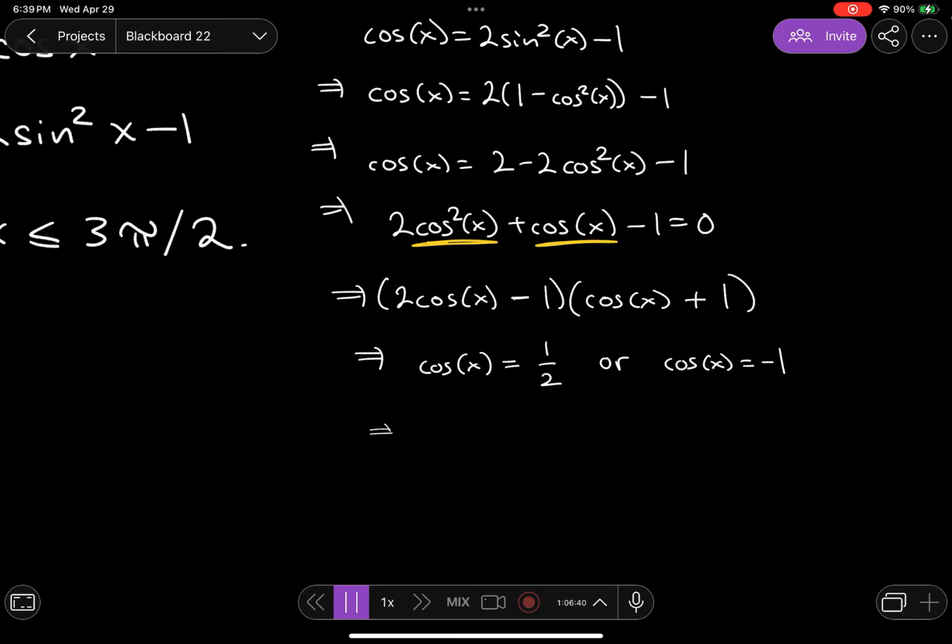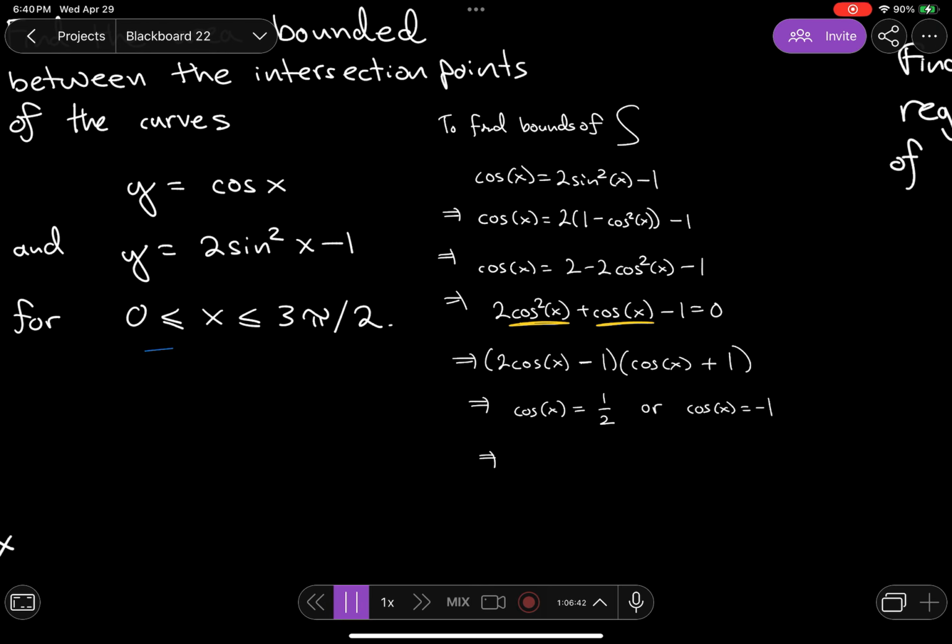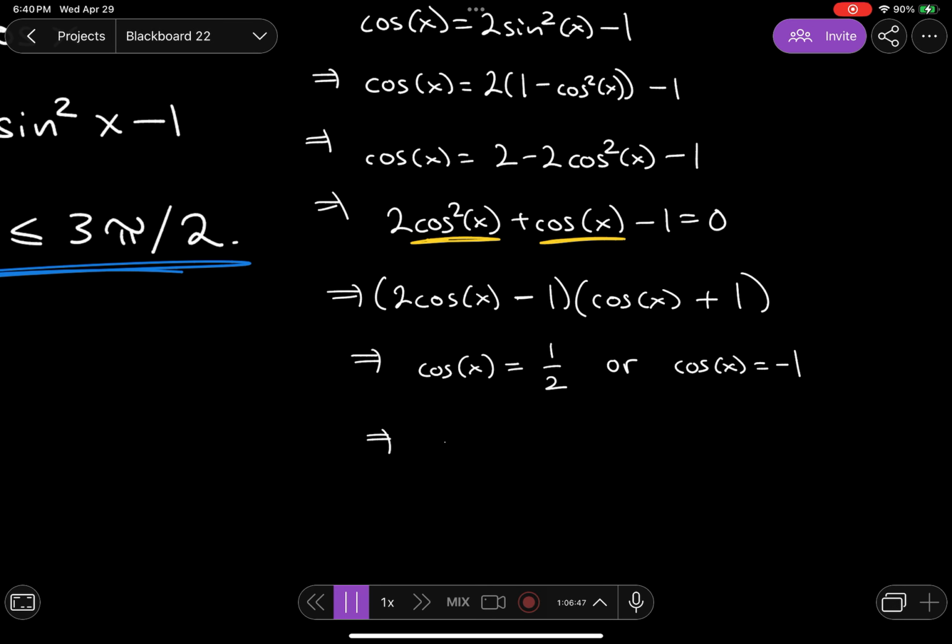And of course, that limits our values for x because we're limited to this interval. I think there's only 2 chances for this to happen, and that is when x is equal to pi thirds. Yep. And this occurs when x is equal to pi.